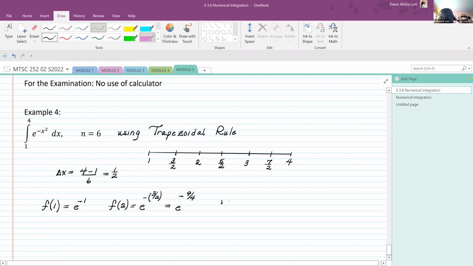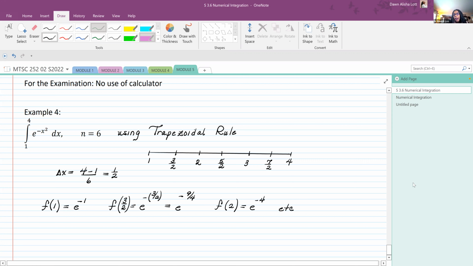F of, nope, that's wrong. This is f of 3/2. f of 2 will be e to the negative 4, etc.